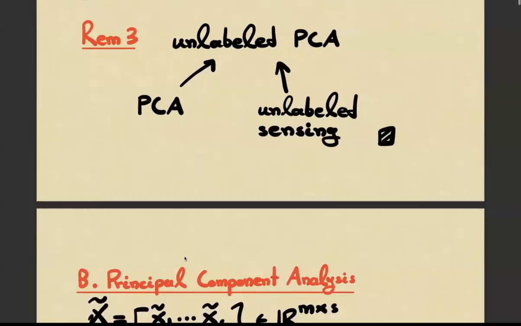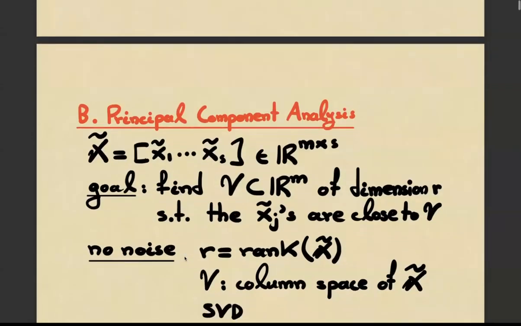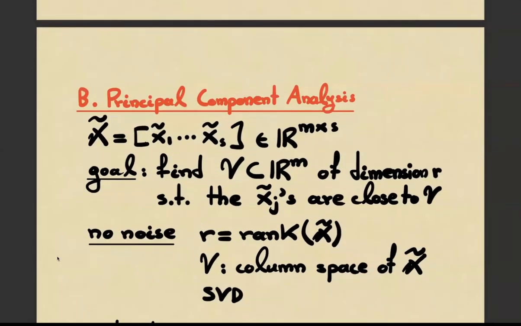But let's start with principal component analysis. So in principal component analysis, we have a matrix, X tilde, and the goal is to find a linear subspace V of R to the m of dimension r. So the matrix has size m by s.